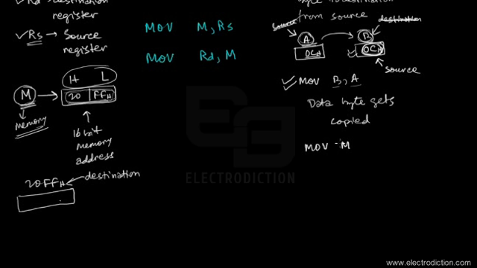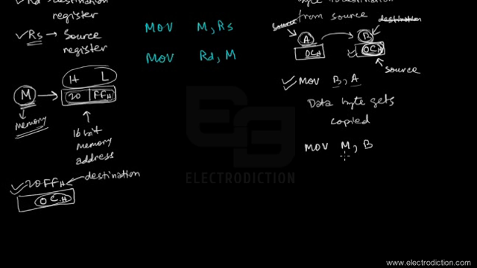After this, the data byte from register B gets copied into this location, so you can see the data byte 0CH is present in 20FFH as well. This is how the instruction works.